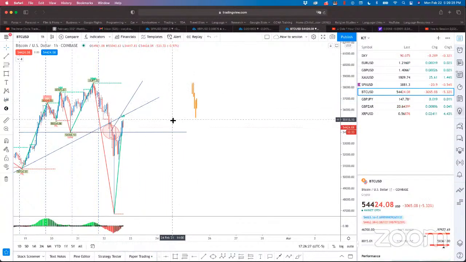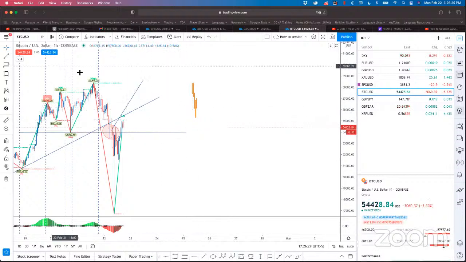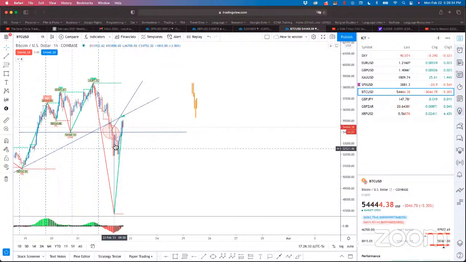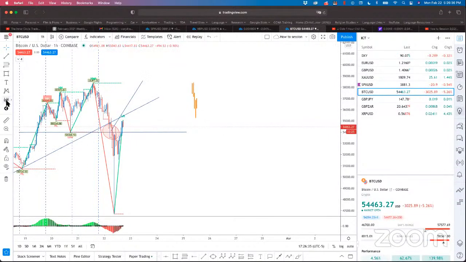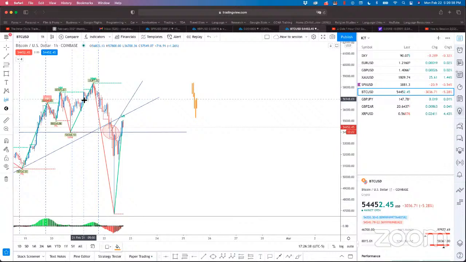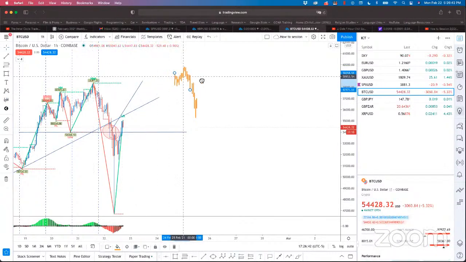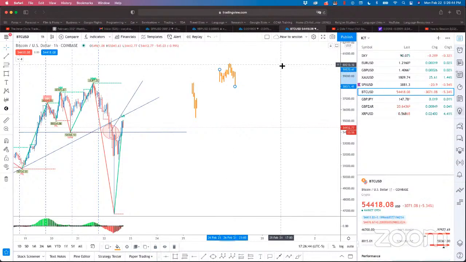Okay, so maybe going down, that's just the Bitcoin move. Bitcoin does that sometimes. Yeah, but it got me this morning though. Like oof.